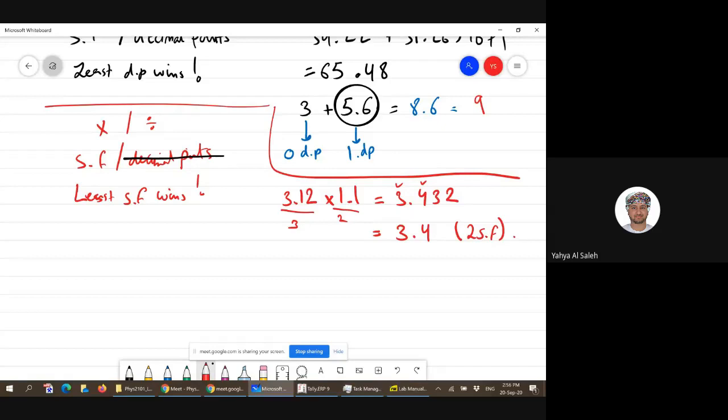Now here's a question. What if I have a really long calculation, not just one operation, a whole series of multiple operations? Then what do we do? Well, this is very, very important.